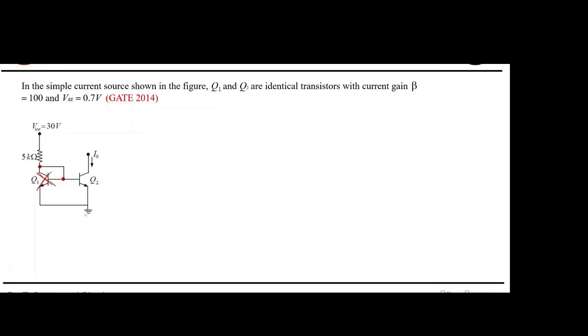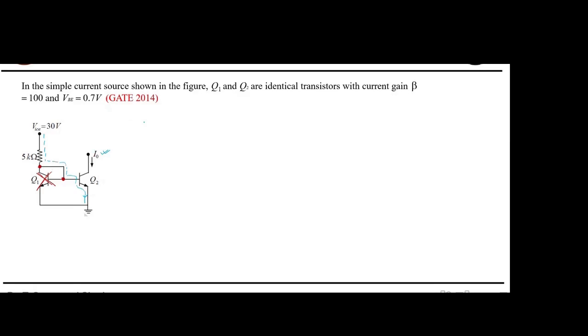Now, actually, there is a mistake here. They are asking the current I naught, but see, can I take a part here like this? Now in this part, whatever the current is flowing, that is the answer for this question, right?